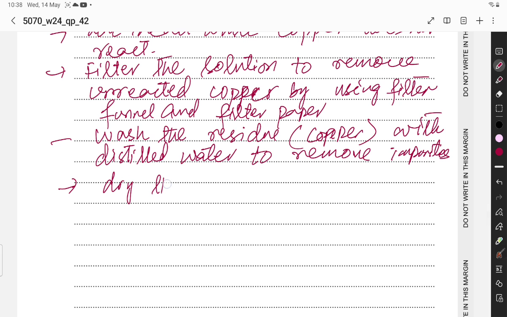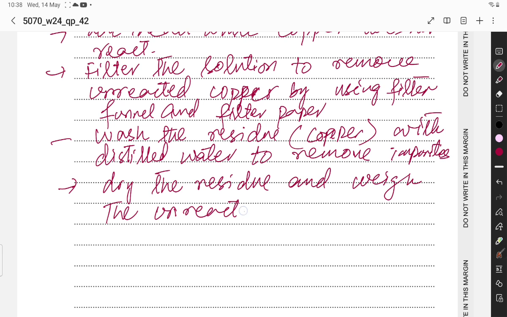Dry the residue and weigh the unreacted copper on a balance.